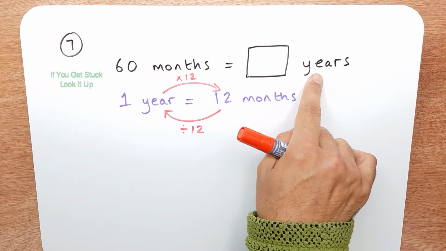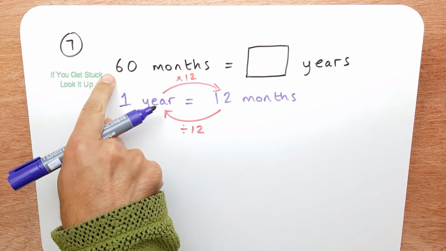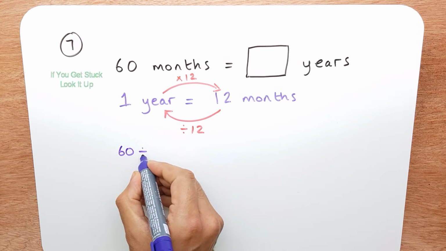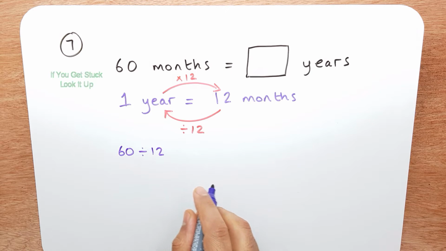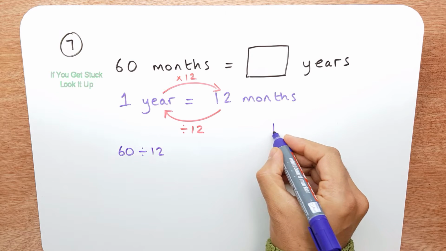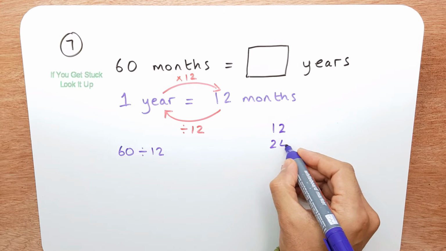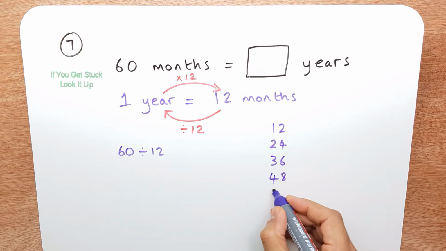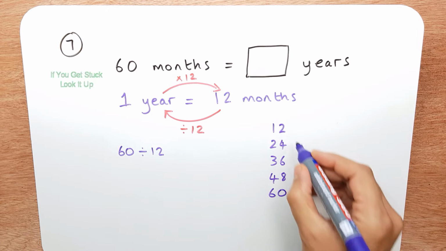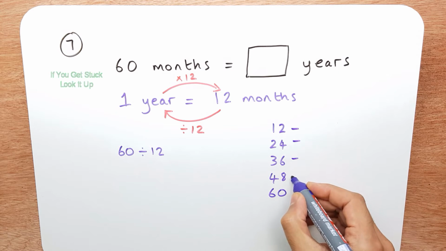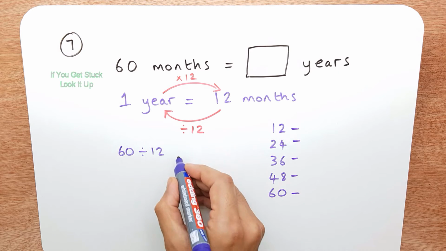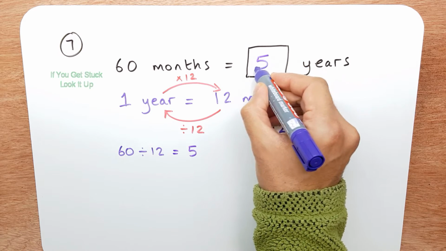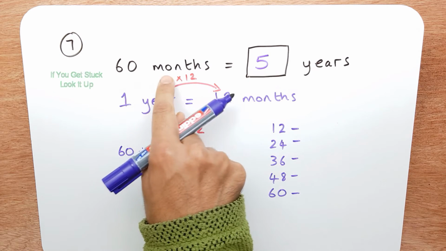So I need to do 60 divided by 12. So what I can do is do my 12 times table, 12, 24, 36, 48, 60. So I've got 1, 2, 3, 4, 5. So our answer is 5. So there are 5 years in 60 months.